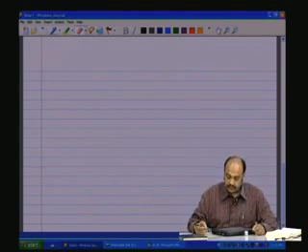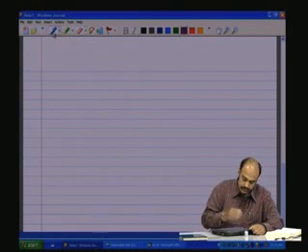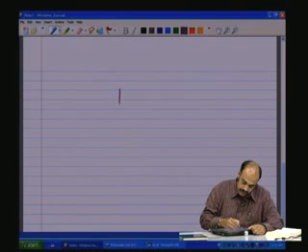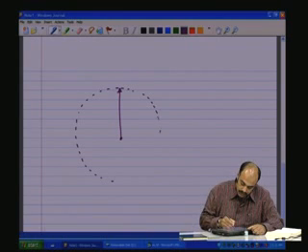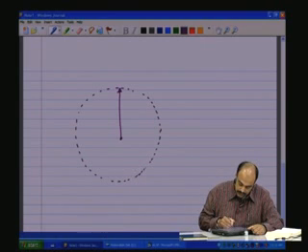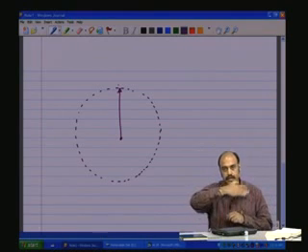So once we have the rotating magnetic field rotating inside the machine in a circular fashion, the magnetic field here in space keeps rotating.